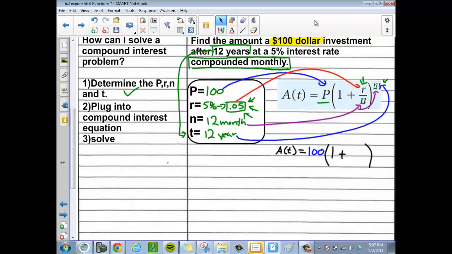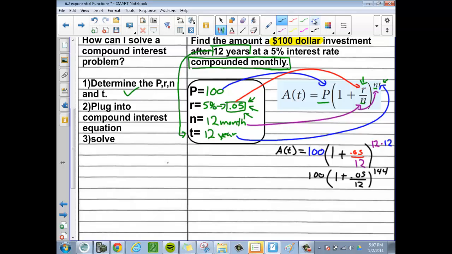R is 0.05, so we'll put that in there. 0.05 divided by our N, which is our 12 months, so divided by 12, and that's all raised to the N, which is 12, times our T, which is 12. Okay, so maybe we could just simplify this down just a little bit before we put it in our calculator. What we really have here is 100 times 1 plus 0.05 over 12, all raised to the 144th power, right?